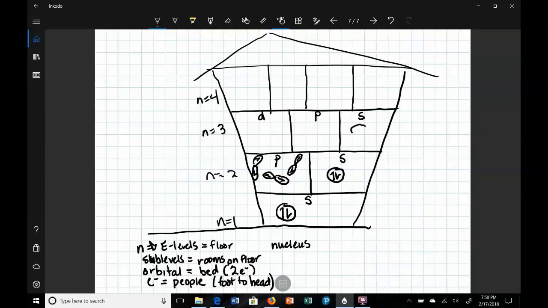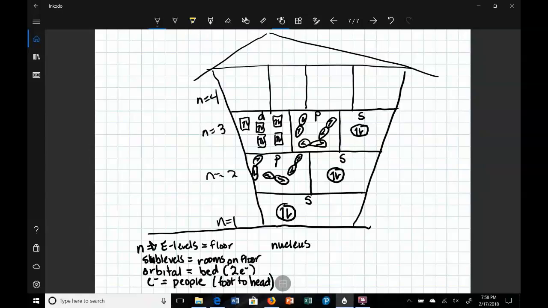Now, in the S room, we've got s orbitals that we know can hold 2 electrons. We've got those p orbitals that each orbital can hold 2 electrons. And we've got d orbitals, and I'm just going to draw those as weird rectangles. And remember, for each orbital, you can put 2 electrons.